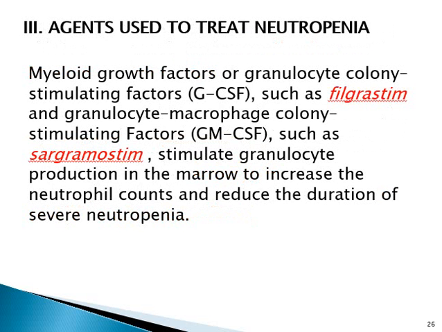Now we come to another type of anemia and which drugs are used for it. They are agents that are used to treat neutropenia. Myeloid growth factor or granulocyte colony stimulating factor such as filgrastim, and also granulocyte macrophage colony stimulating factor such as sargramostim, will stimulate the granulocyte production in the marrow to increase the neutrophil count and reduce the duration of severe neutropenia.